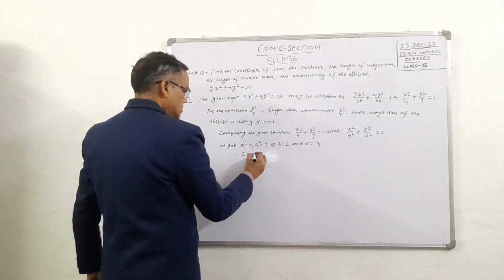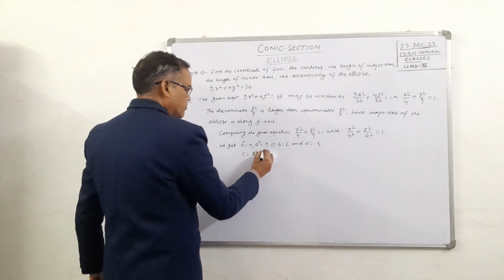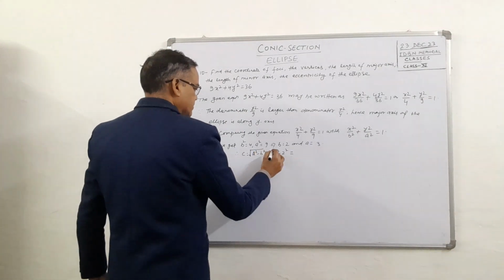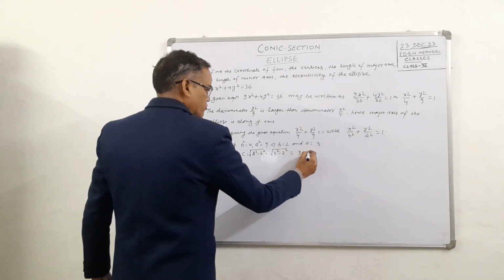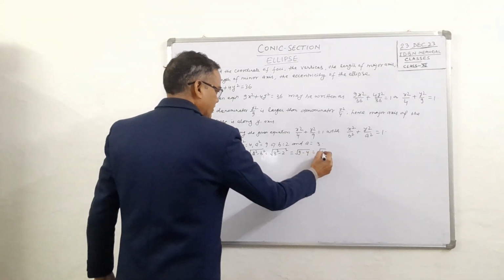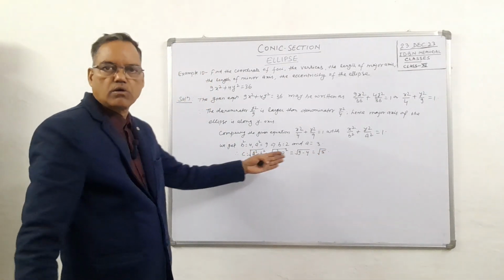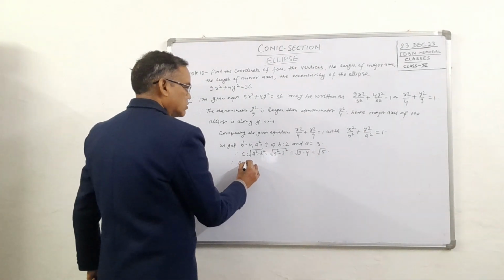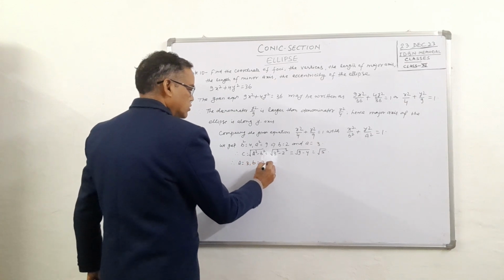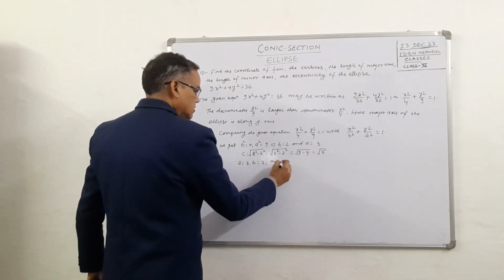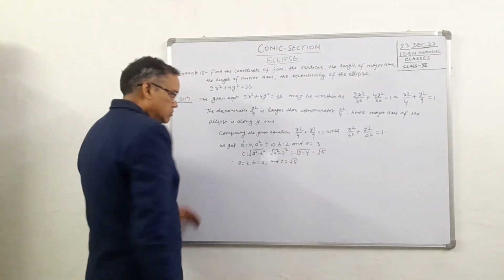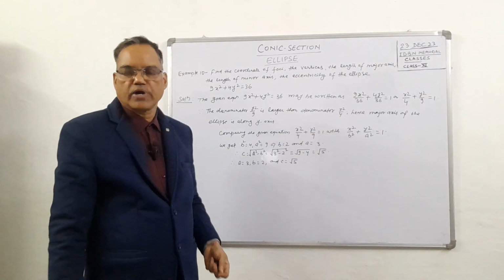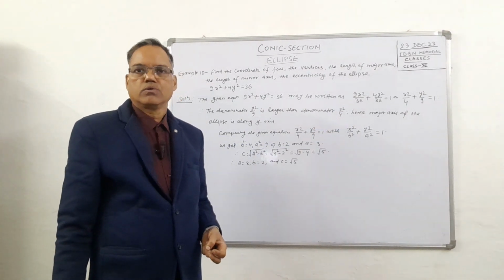Hence c equal to under root of a square minus b square, that is 3 square minus 2 square, that is 9 minus 4 under root, will be equal to under root 5. Hence we got all the three values of a, b and c. Hence a equal to 3, b equal to 2 and c equal to under root 5.